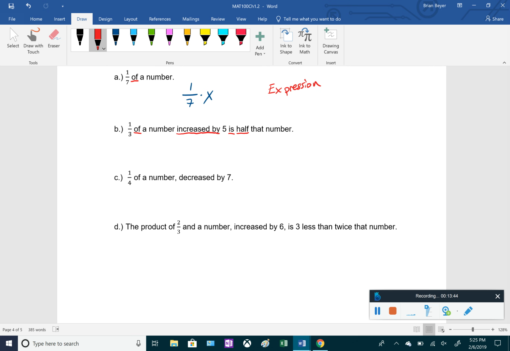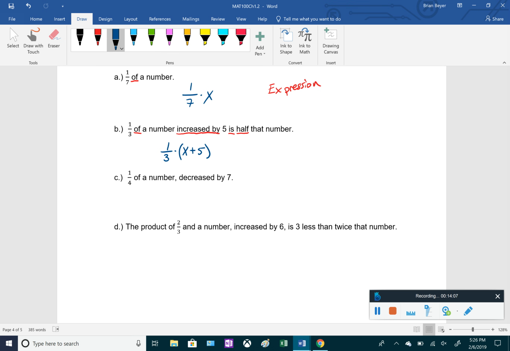It could say half of that number. So we're going to start with 1/3 of x. This is where it gets a little bit tricky, which we'll see the difference between this one and the next one. 1/3 of a number increased by 5. This means we're doing 1/3 of the number that is already increased by 5.